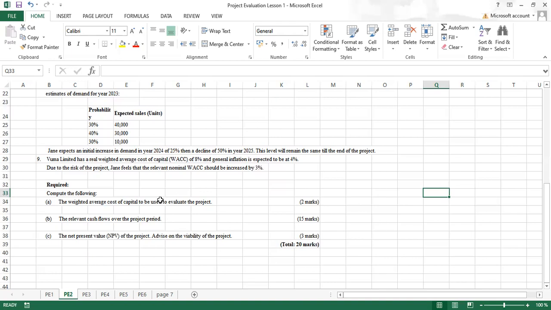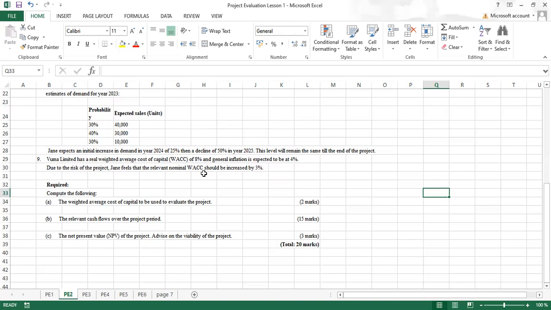That's the difference. You see in our question up there we have been told about inflation. So we will not use the real WACC because the real WACC does not incorporate inflation, but the nominal WACC incorporates inflation. So that's what we will use in this question.